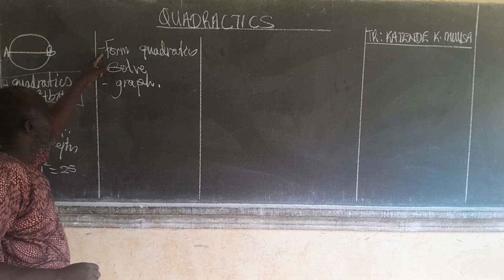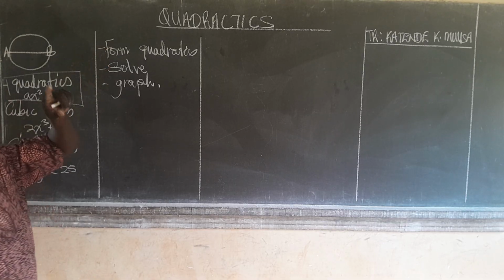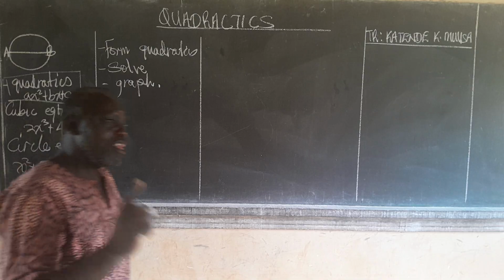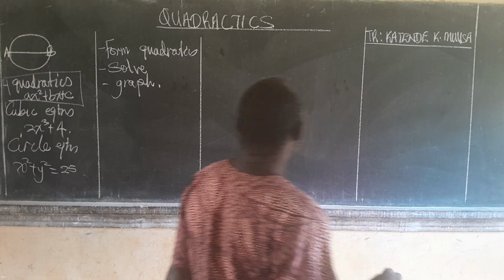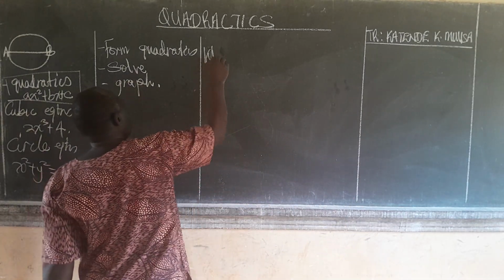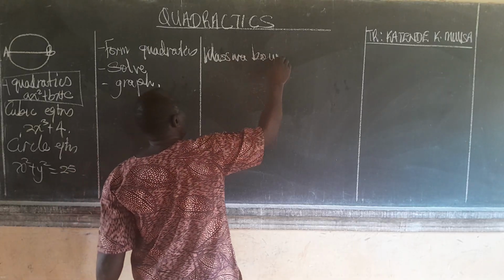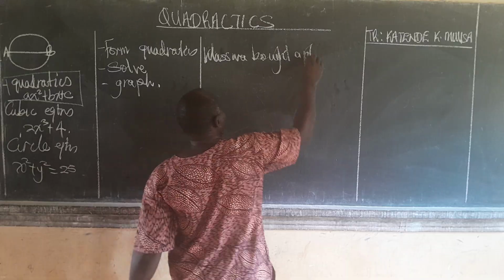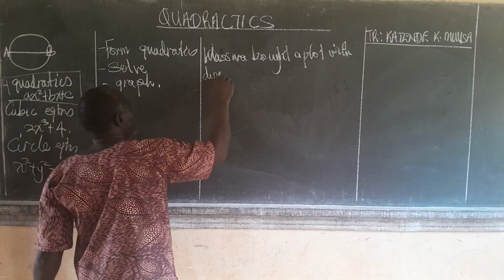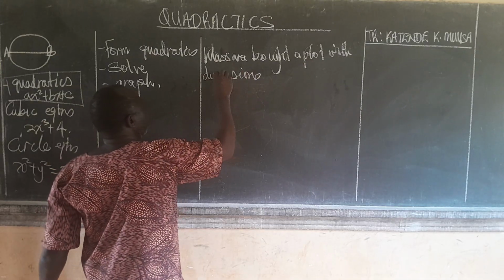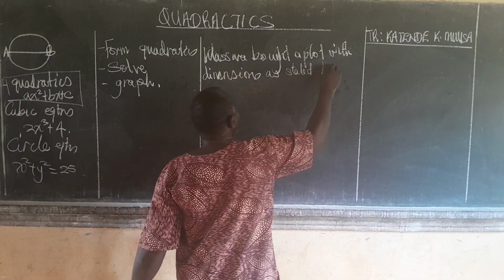Now, one may wonder again, why do we form quadratics? And what's the essence of forming quadratics? Now imagine that in these days, one is interested in buying a certain plot. Maybe we might say, someone bought a plot with dimensions as stated below.